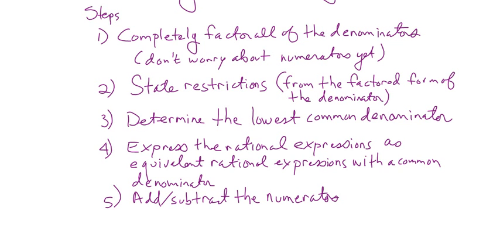It's not over 14 because you added, or over 0 because you subtracted. So add or subtract the numerators, but keep the, let's call it LCD, for lowest common denominator, because that's what you're going to have. You're going to have 2 rational expressions that have this lowest common denominator. You're going to add or subtract the numerators, but keep the lowest common denominator.